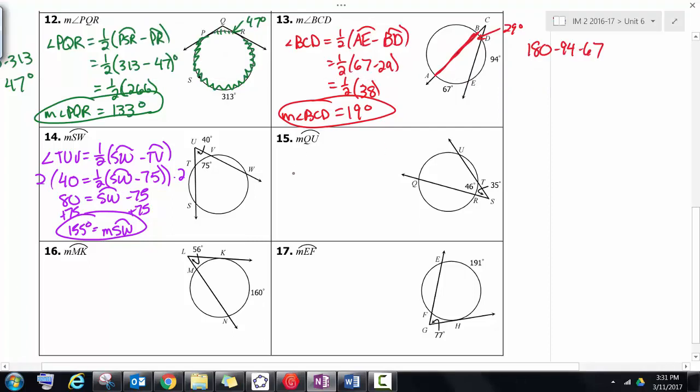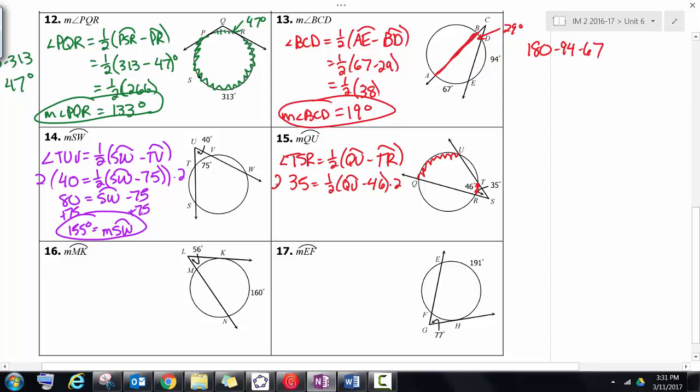Just working backwards. Again, angle TSR is equal to 1/2 of arc QU minus arc TR. Again, the difference of those two arcs here and here. We know the angle is 35. We don't know QU, that's what we're trying to find, arc QU. And we know the arc TR is 46.